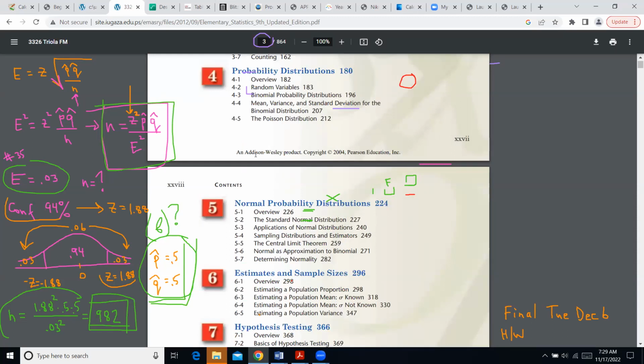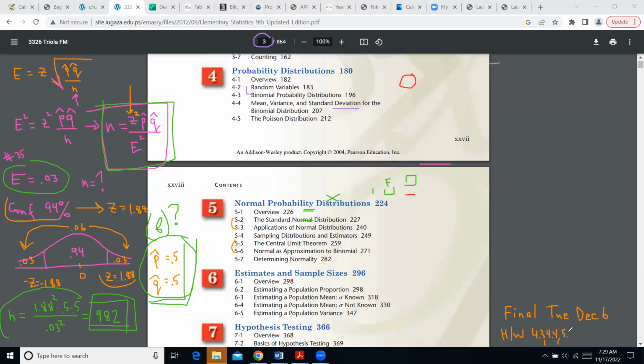It looks like we started with chapter 4, and in chapter 4 we did only 2 sections, 4.3 and 4.4, right? Then we moved to chapter 5, and there we did sections 5.2, 5.3, and then 5.5 and 5.6.